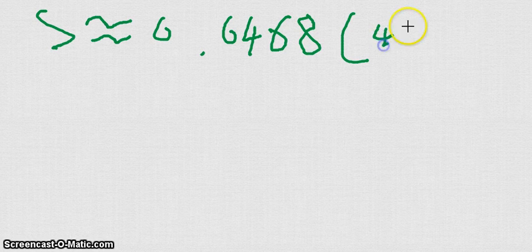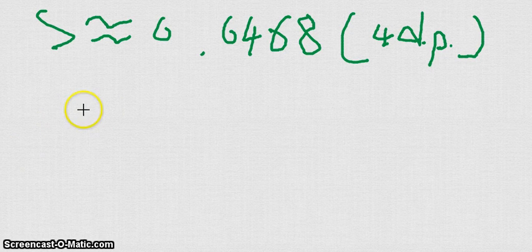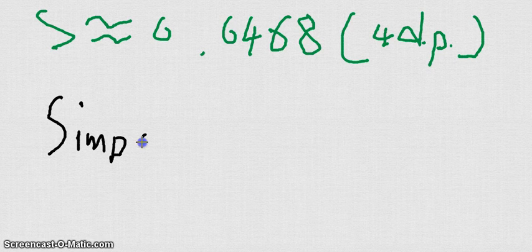We round it to 4 decimal places. This is how we do approximation using Simpson's rule.